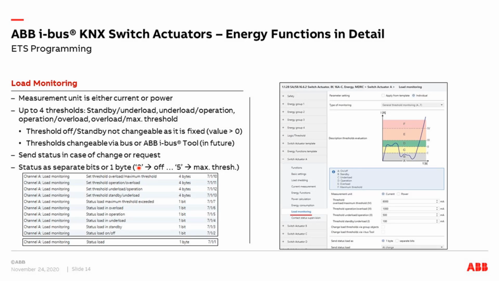Value 0 means it's off, and value 5 means maximum threshold exceeded, and any value in between is assigned to the other ranges here. So for each situation you get an individual telegram, 1-bit, or a value in the 1-byte telegram. And you see the thresholds, these 4-byte objects can, if needed, also be changed via a telegram. So you can handle these thresholds dynamically if needed, if it makes sense.